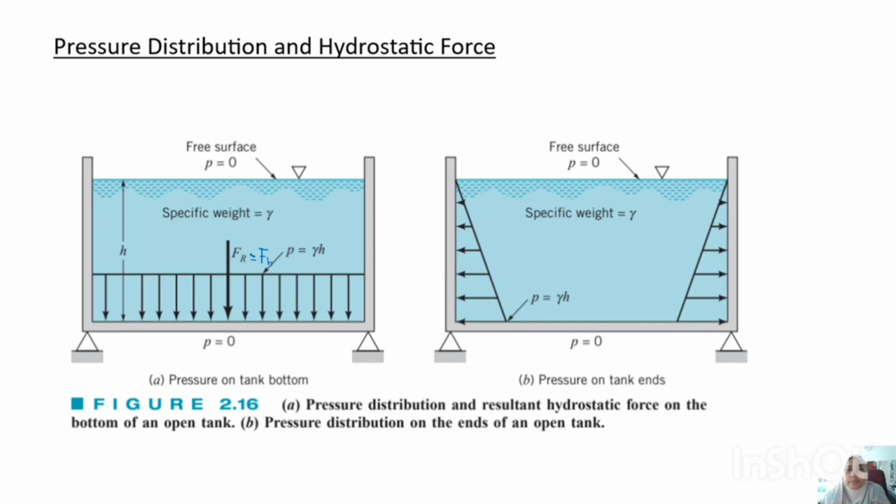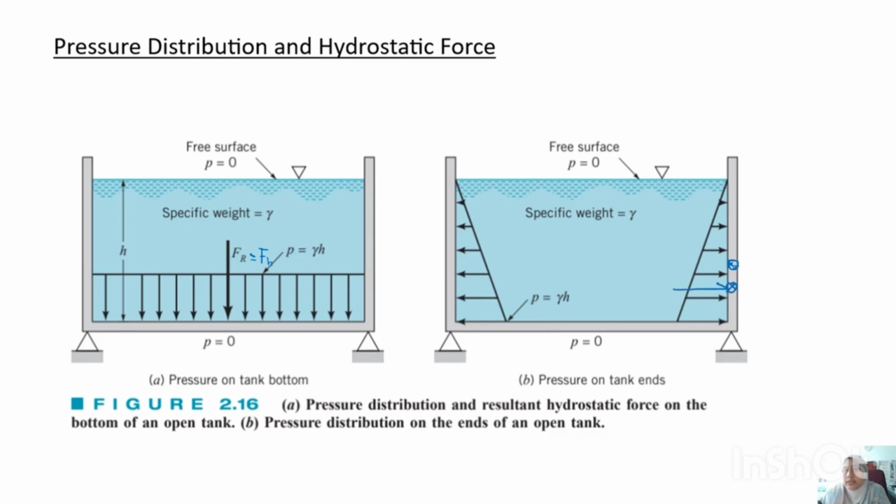Therefore, the force is not concentrated at the centroid of the side of the tank. Let's say we consider this is the centroid of the tank. The force is acting slightly below.